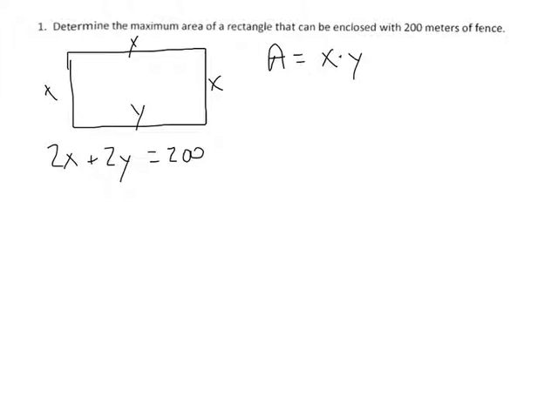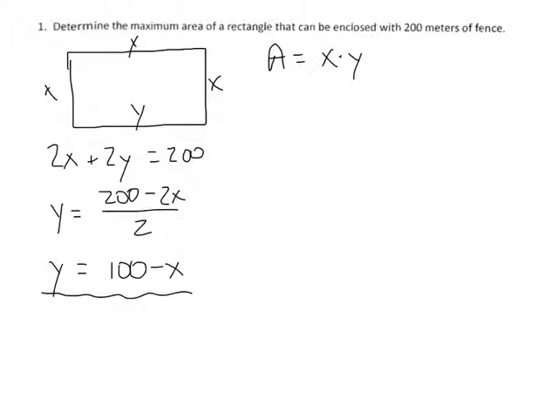I might solve for y, so eventually if I move things around I would get y equals 200 minus 2x all over 2, which eventually will just get you to y equals 100 minus x. And so this is going to be kind of an important piece to the puzzle.